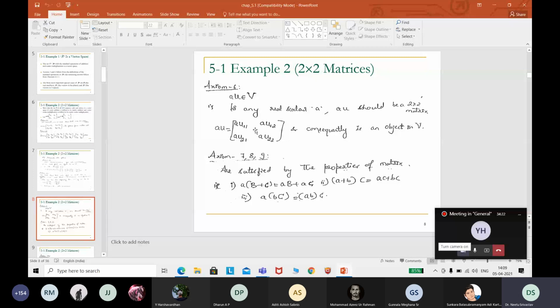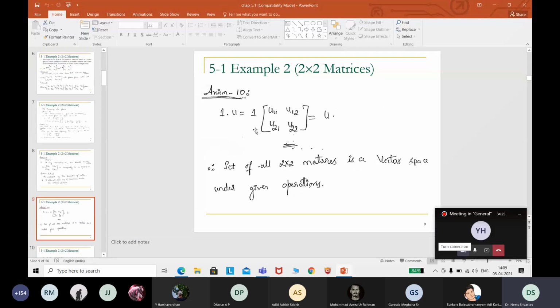Next is 10th, 1 into u. 1 into u is very crucial. Sometimes for few questions it is not satisfied. So just check 1 into u, you will get u. So 1 into u is giving you 1 into u11, u12 and u21. All these entries will appear like this.